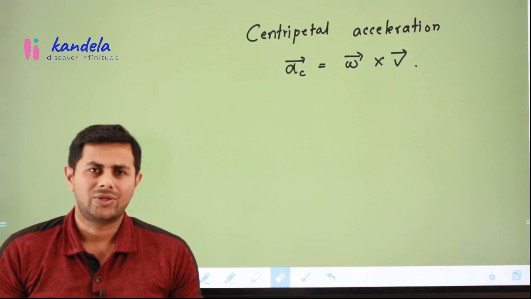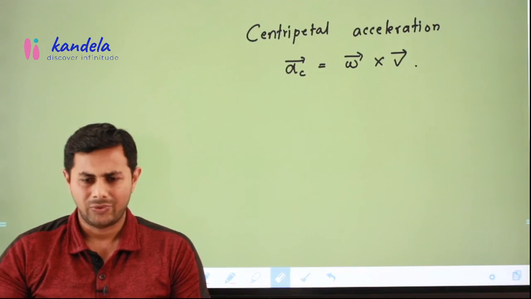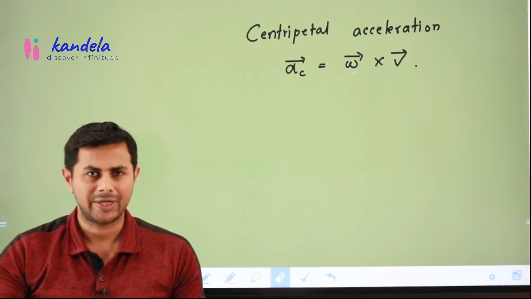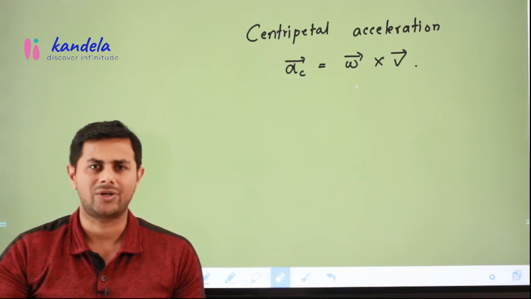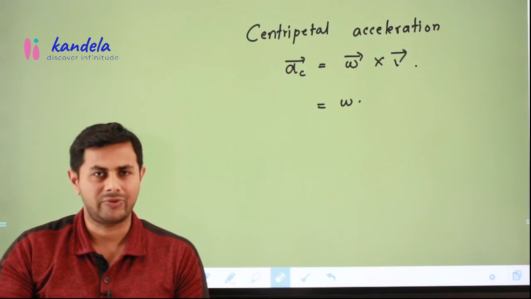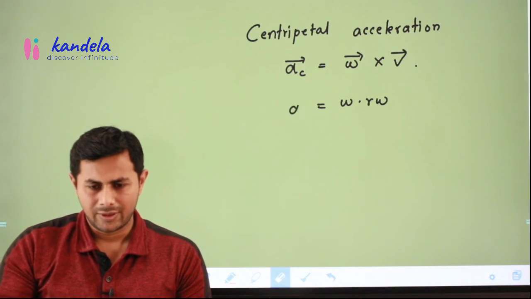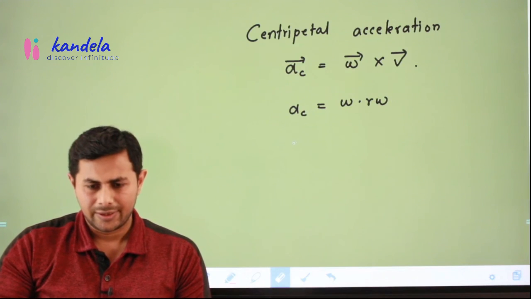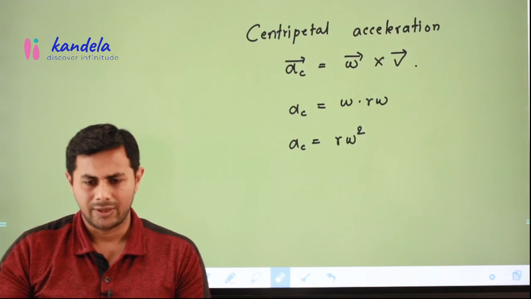So now let's discuss various formulae for centripetal acceleration. So one formula is centripetal acceleration is omega bar cross v bar. And if we just talk about the magnitude, it is omega into v. V is r times omega. So we can say centripetal acceleration is r times omega square.